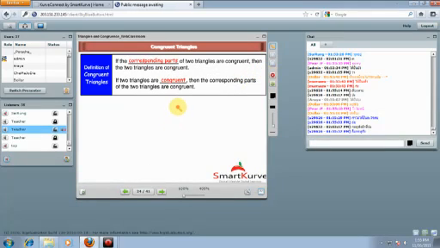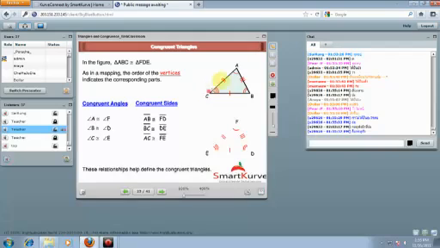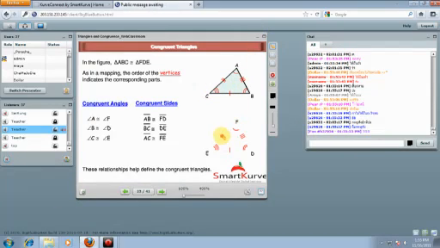If the corresponding parts of two triangles are congruent, then the two triangles are congruent. If the two triangles are congruent, then the corresponding parts of the two triangles are congruent. So if we see these two triangles, we see that they have corresponding parts.